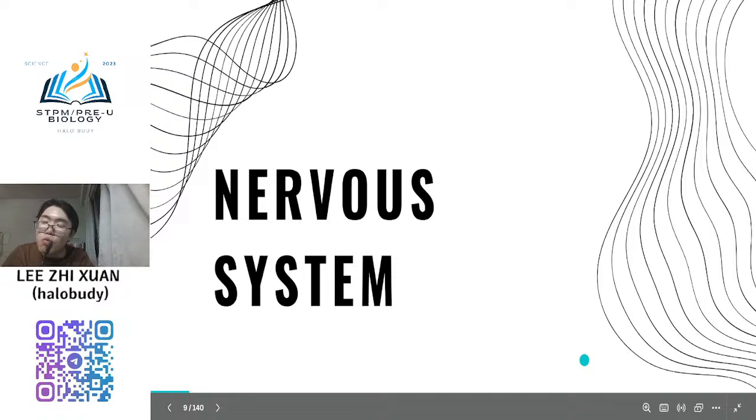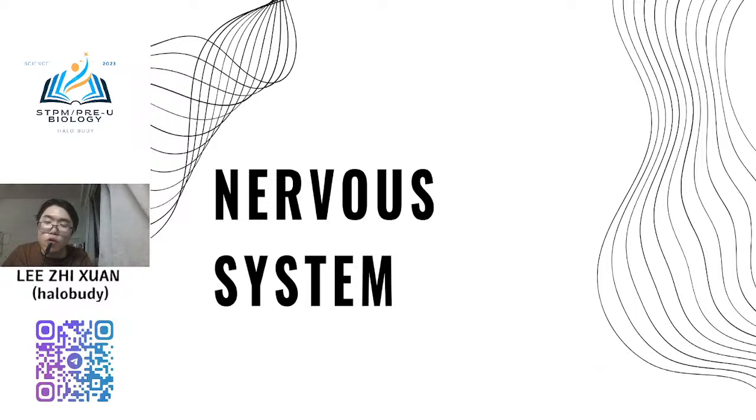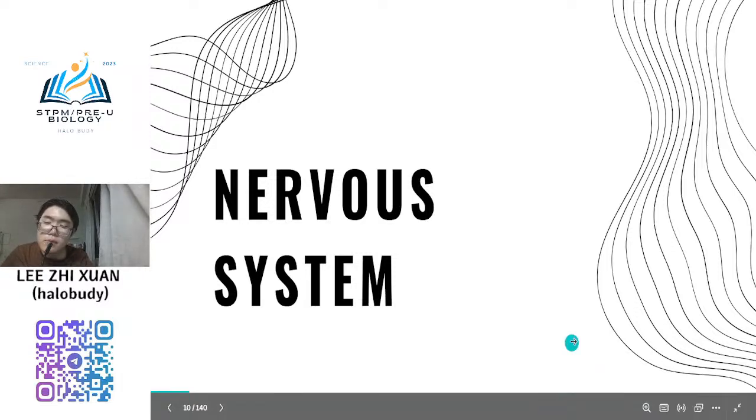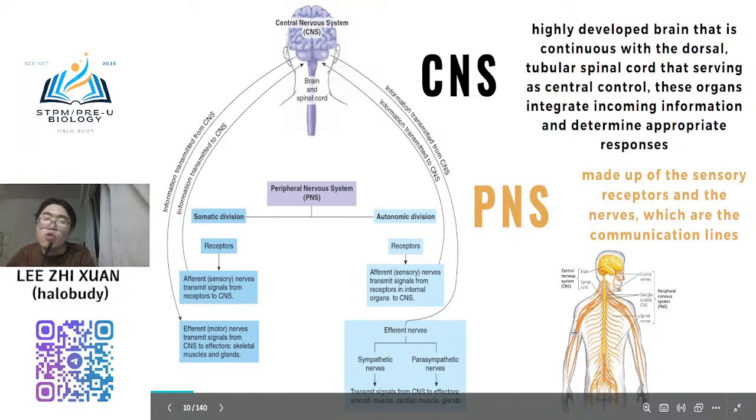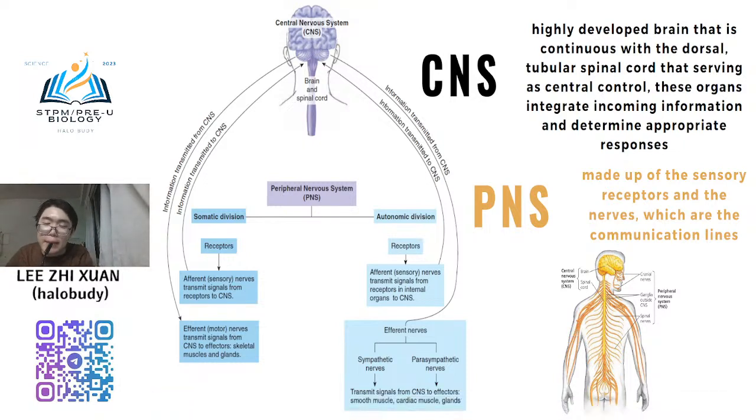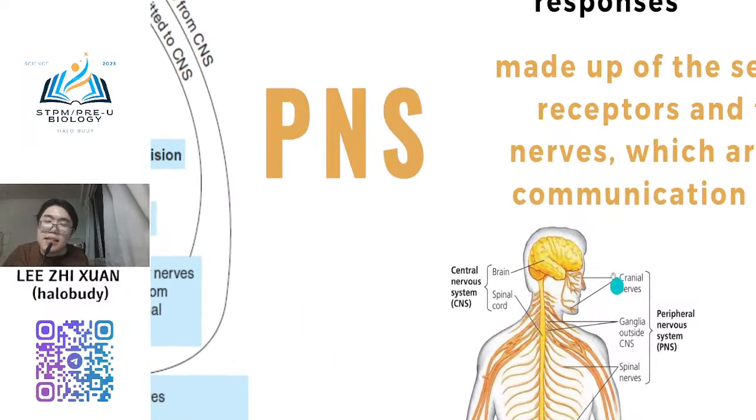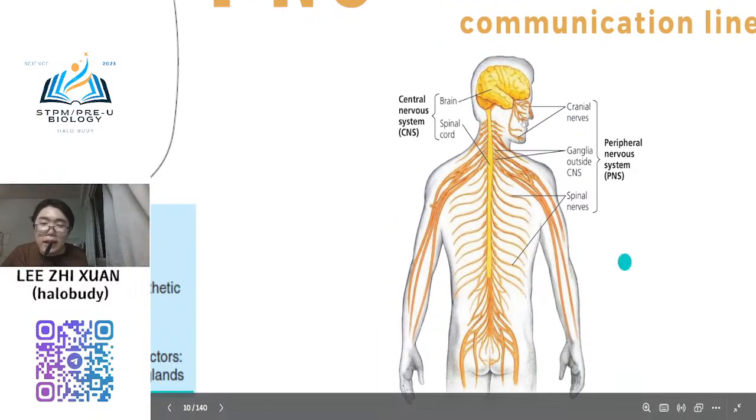Okay, so what is the nervous system that we find in the human? Normally in humans there are two main types of nervous system that you need to know: the central nervous system and the peripheral nervous system. If you see this diagram, this is the diagram that you may see in SPM.